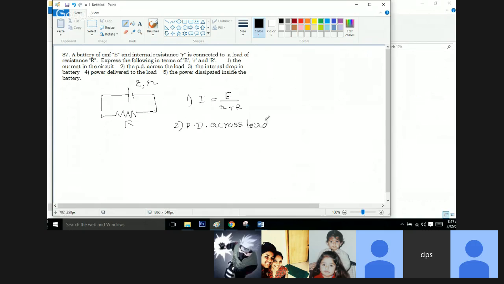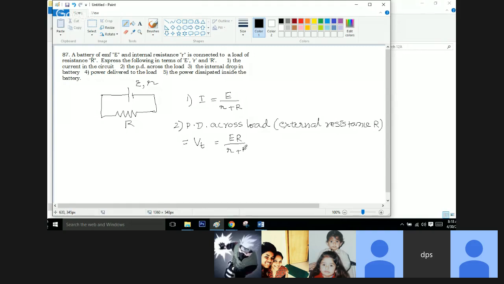The external resistance is known as load. It is nothing but external resistance capital R. The PD across that external resistance capital R is nothing but terminal voltage only. What is the formula for terminal voltage? ER by r plus R.